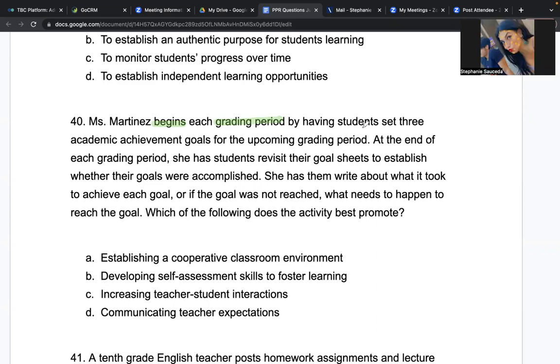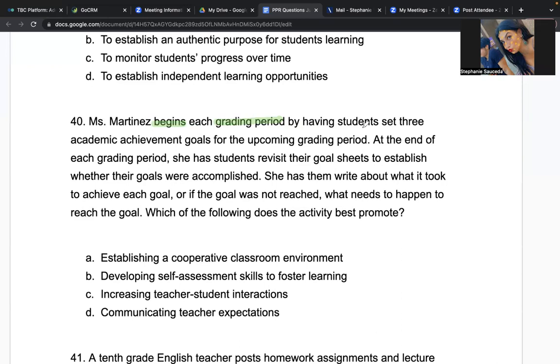Yeah, so maybe if I am an English language arts and reading teacher, I might say that I'm gonna improve my vocabulary, or I'm going to improve my writing by being more descriptive. It's just particular academic achievement goals. So depending on whatever subject she teaches, the goals would be different, but still having them reflect on goals for the upcoming period.